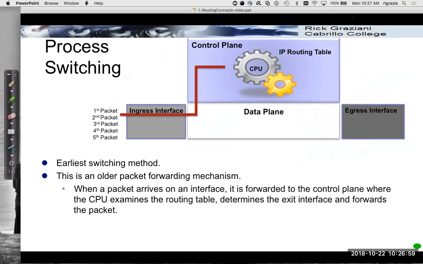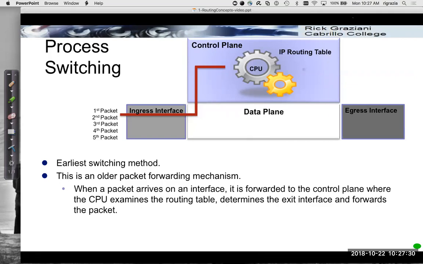Basically, it would look it up in the IP routing table. What is the next hop address? And then it would send it down to the data plane. Also, in the control plane, in the case of Ethernet, it would also look in the ARP cache for the MAC address associated with the next hop IP address, just like we showed.